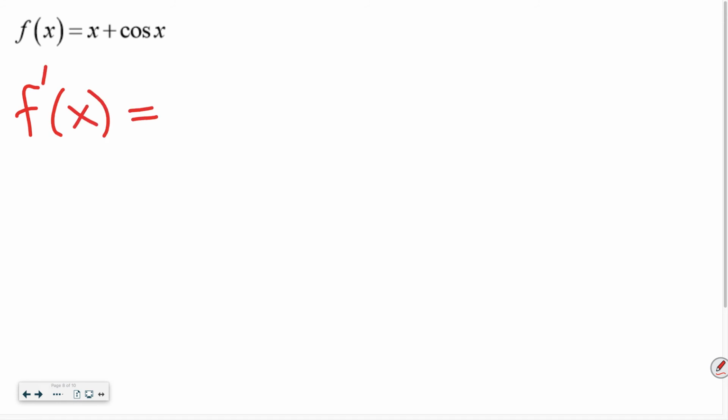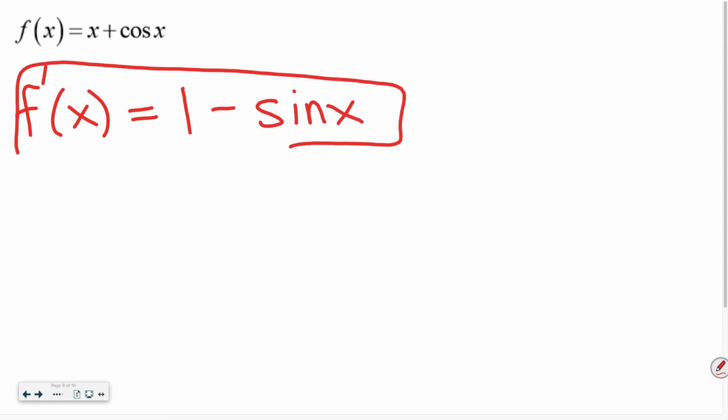Our derivative: we have two terms, so we're going to think about two derivatives individually. First we have x. The derivative of x would be what? 1. Plus the derivative of cosine is negative sine. So I'm going to go ahead and change this to negative sine of x. We're done.